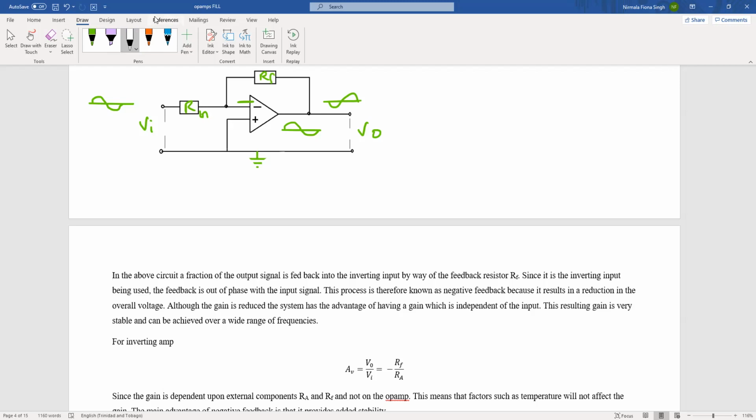So let's look and see what we have. We have our input voltage going into our negative input. We have our output voltage, which is our V out. And if you look here, this is our input, this is our output.